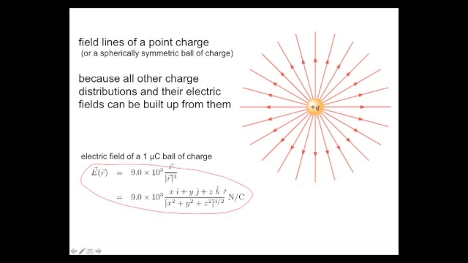Field lines are a two-dimensional representation of the electric field. But of course the electric field, and really the field lines also, are three-dimensional structures. So when we use the word representation, we have to keep in mind that the representation is incomplete and can even be misleading. Let me show you what I mean.